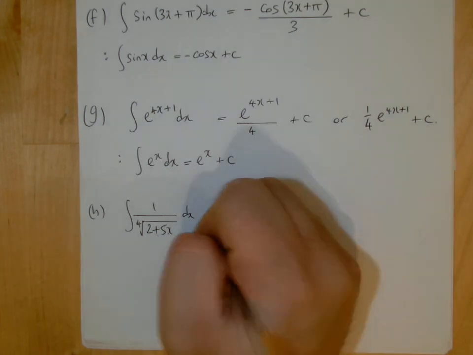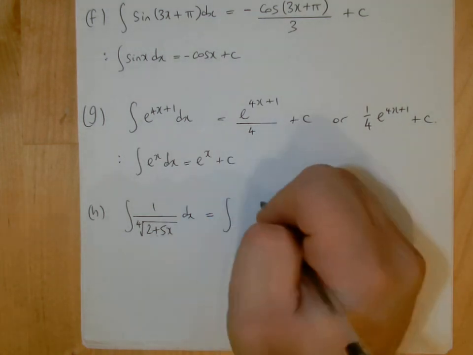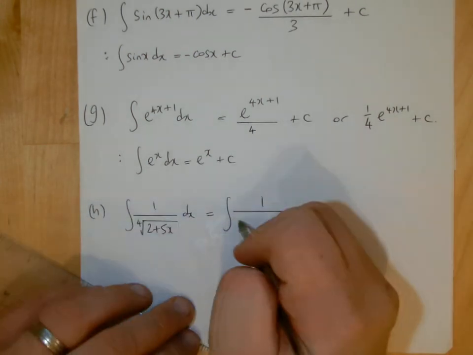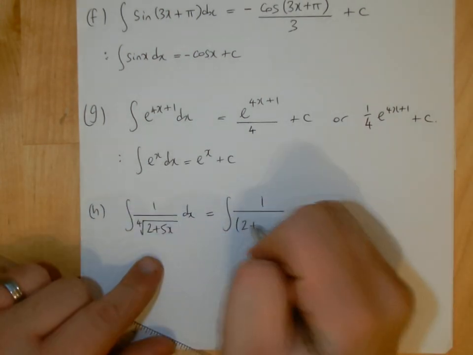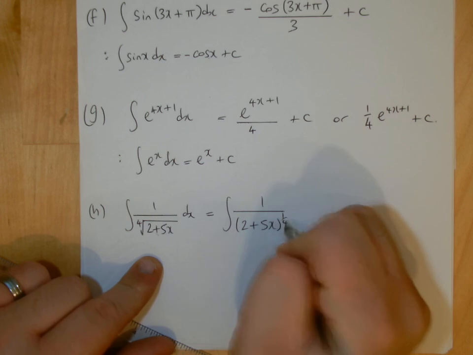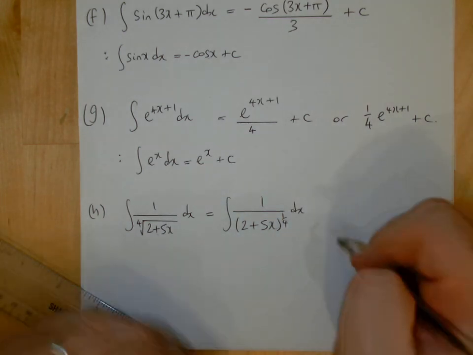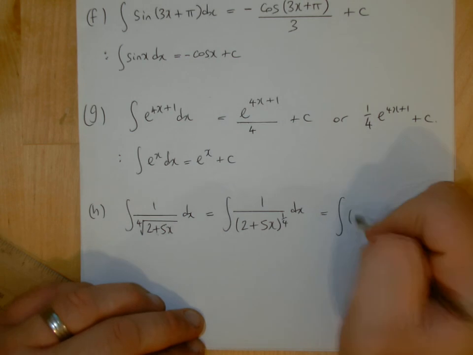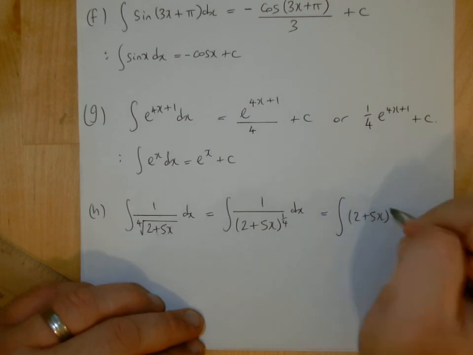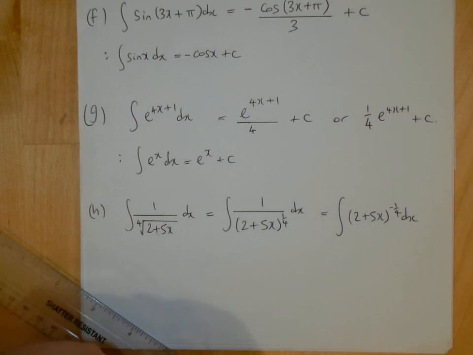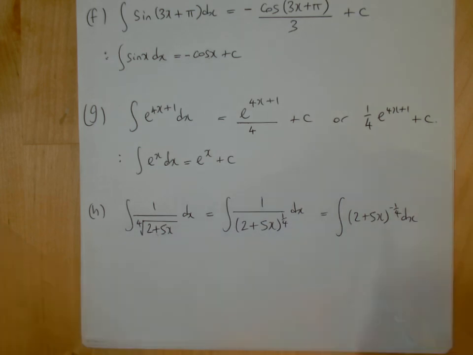If you want to start with, you could write that as 1 over a bracket. Well, the fourth root is just bracket to the power quarter. And of course when you integrate it, you need to take it up, so minus power, and then we can integrate it just like we did before.